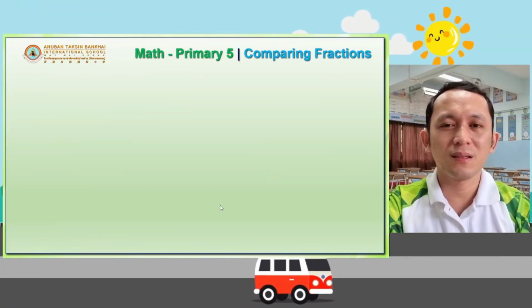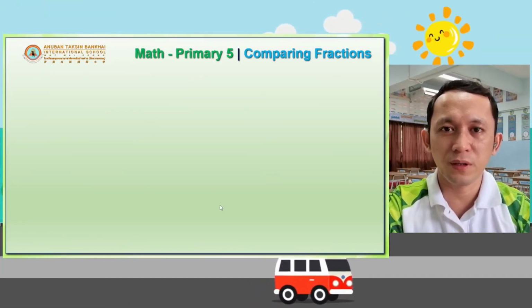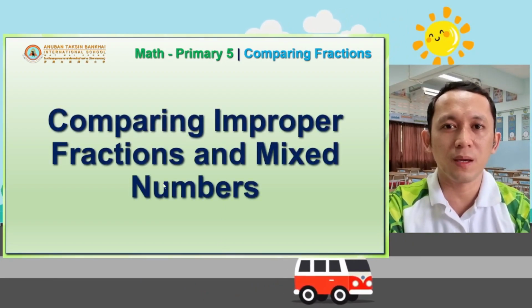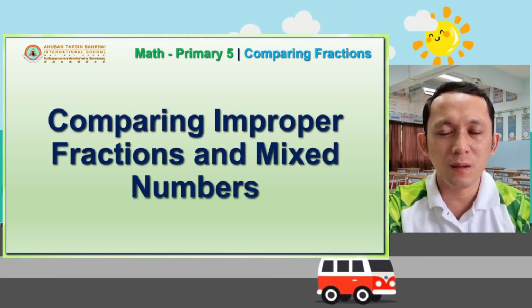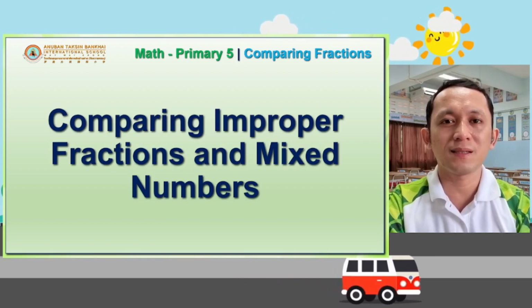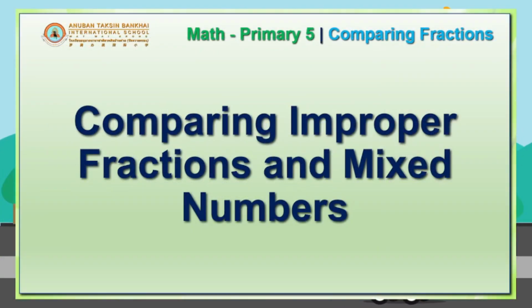Now we are done discussing how to convert improper fraction to mixed number, and mixed number to improper fraction. Let's now compare fractions that are improper fractions and mixed numbers. So let's have an example here.